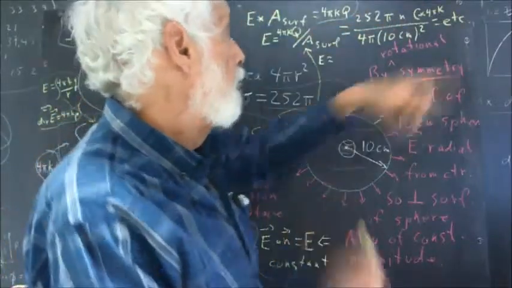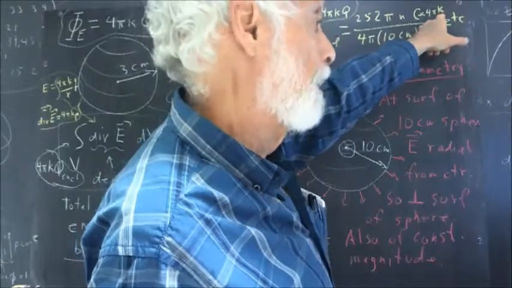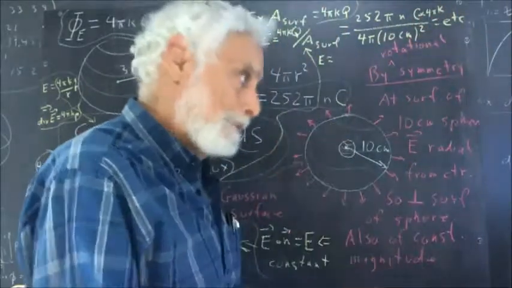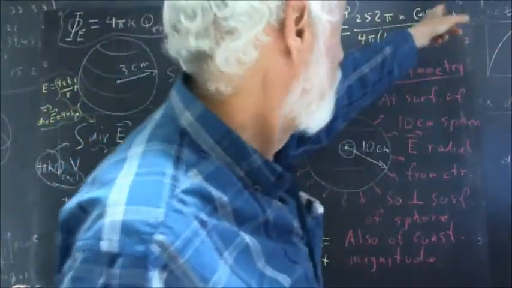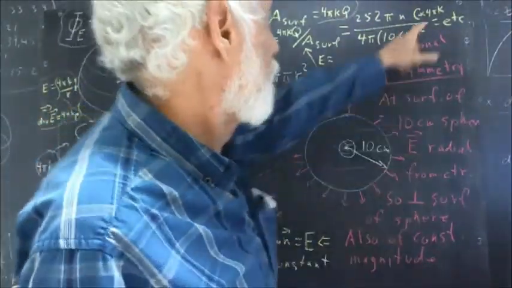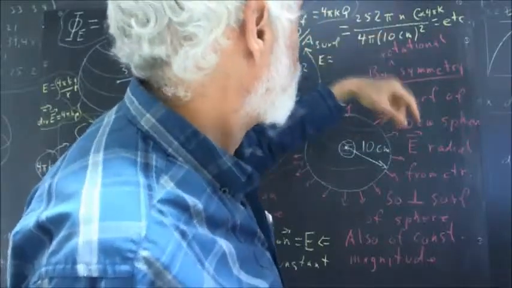real quickly. The nano here is 10 to the negative ninth. Your k has a 9 times 10 to the ninth in it. So the nano times the k just leaves you 9, okay, with the units of k, which are newton meters squared per coulomb squared. Now the 4 pi here could be divided by the 4 pi here, so that goes away.